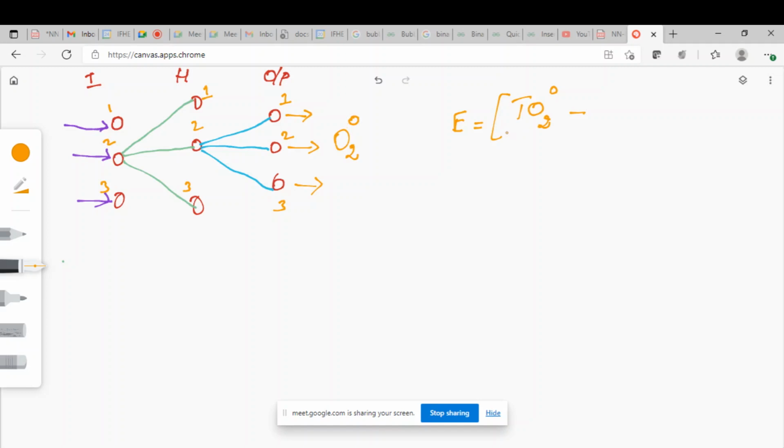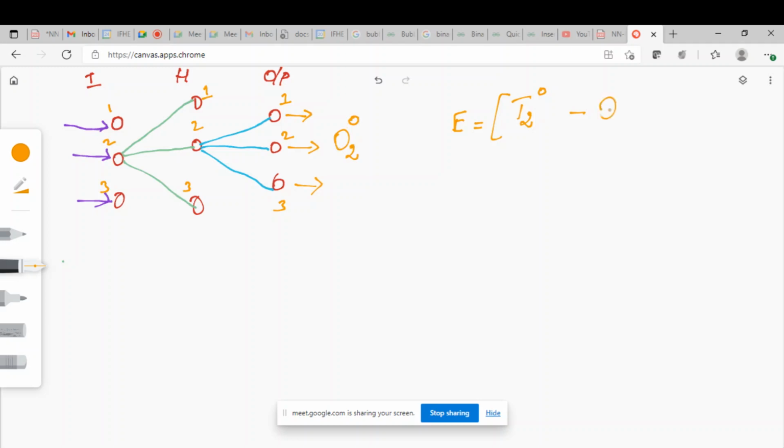But what is the observed output? Or let us say just T. T represents the target output. So let me say it as T2O, which means the target output of the second neuron in the output layer is the true output, but this is the observed output.